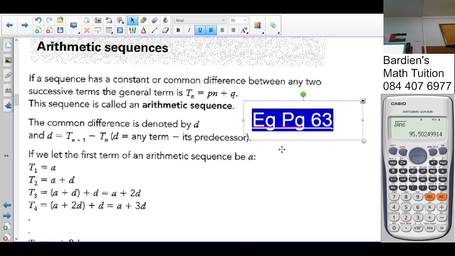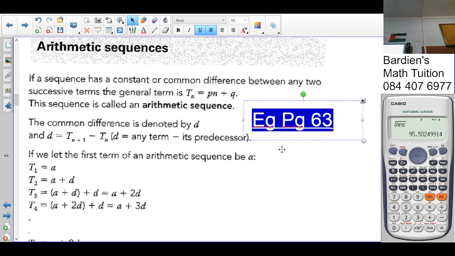Okay, the common difference is denoted by d, and d is equal to Tn plus 1 minus Tn. So in other words, this is going to be T2 minus T1. Or it could be T8 minus T7. Or it could be T100 minus T99.